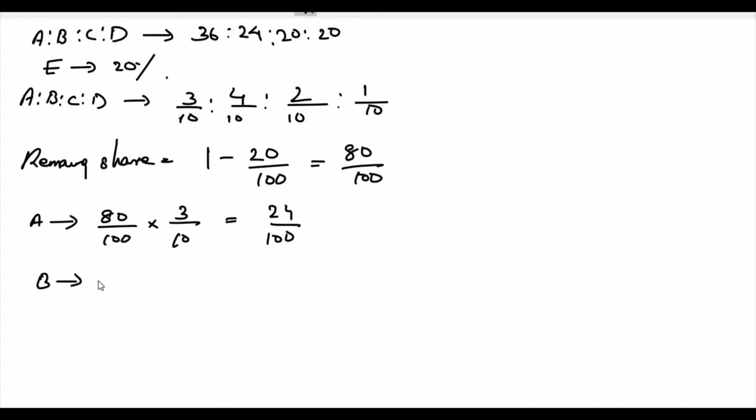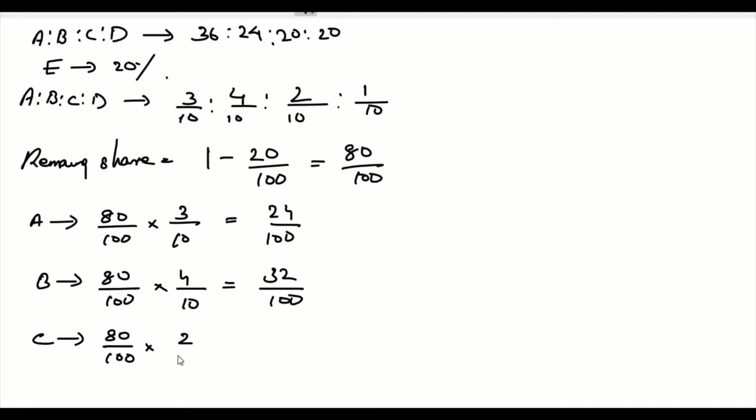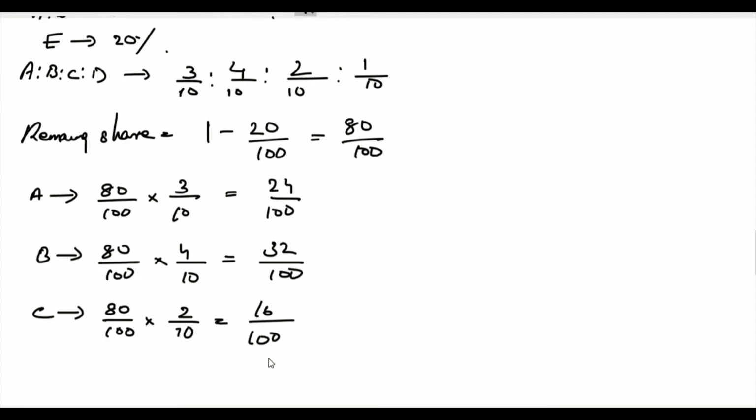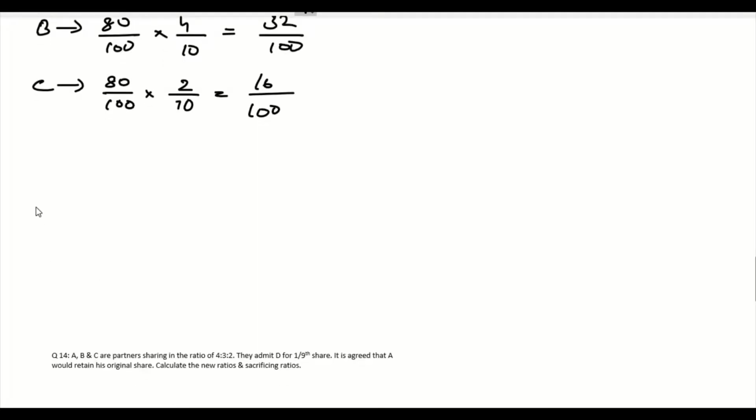For B, it is 80 by 100 multiplied by 4 by 10. So here, that's going to be 32 by 100. For C, it's 80 by 100 multiplied by 2 by 10. That's going to be 16 by 100.